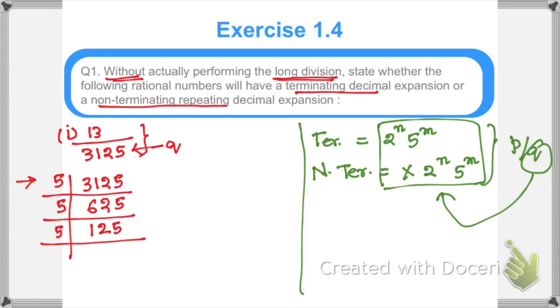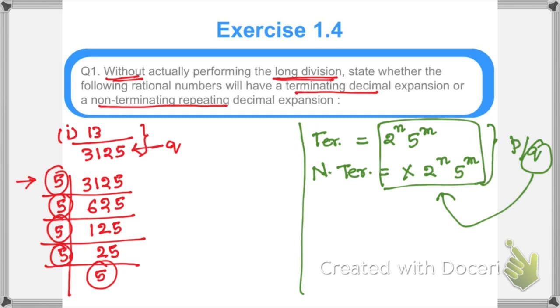Again performing the same, 5 5s are 25. Again 5 5s are 25. So we got here 1, 2, 3, 4 and 5 number of 5s over here.